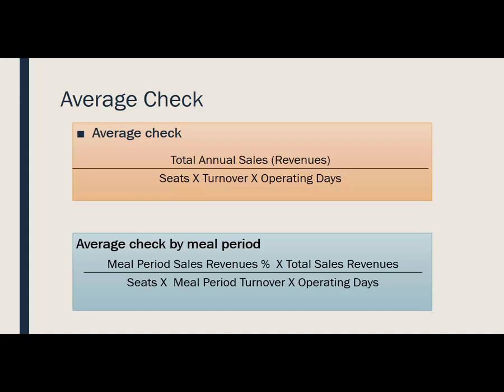So you might turn over seats more during breakfast than at dinner. You might have more revenue coming in at breakfast compared to dinner. There could be a number of things that happen there. So we need to be able to take a look at each meal period, because an average check for the entire year won't really help your pricing for individual meal periods.